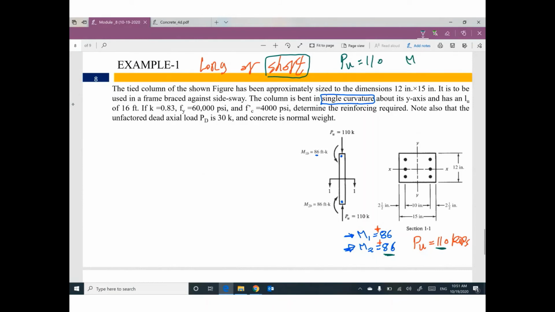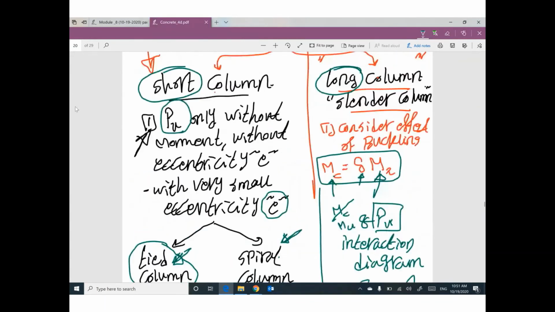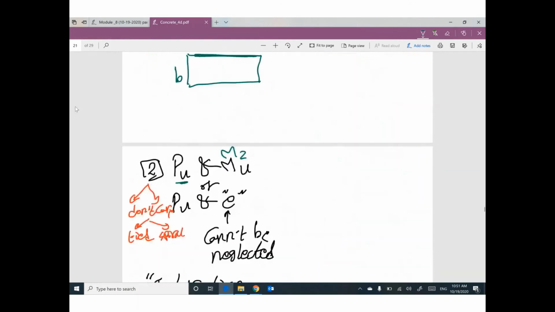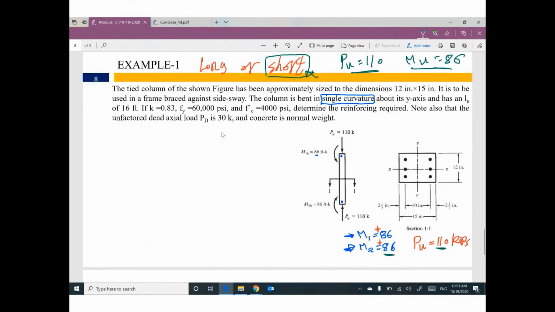If this column is short, you are in this case. But if this column is long, please wait a moment. We need to adjust this M2 to figure out the effect of buckling, and then we will use the interaction diagram.